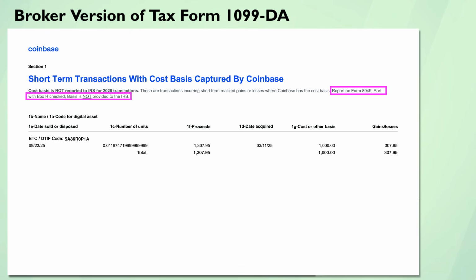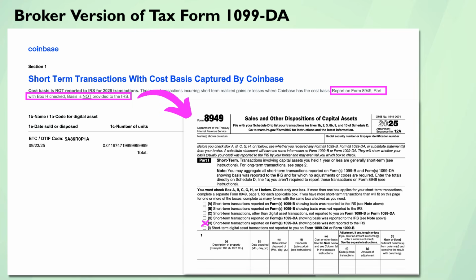The broker 1099-DA form will also indicate which checkbox should be marked on Form 8949.